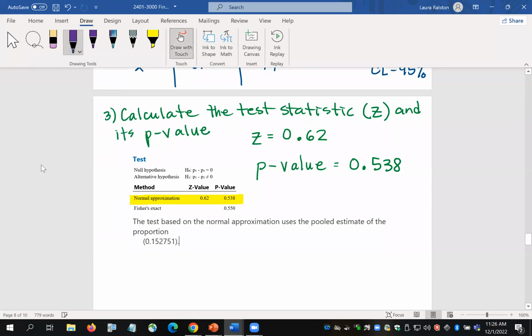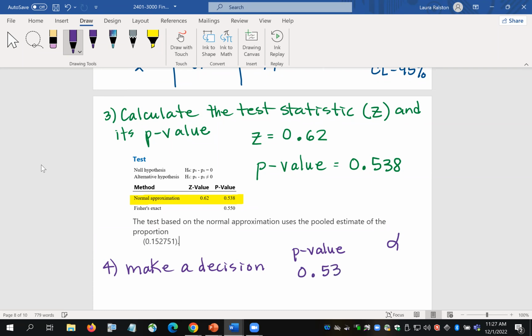So then step 4, we make a decision. We compare the p-value from Minitab to the level of significance. So I have 0.538, that's my p-value, compared to my level of significance, which is 0.05.